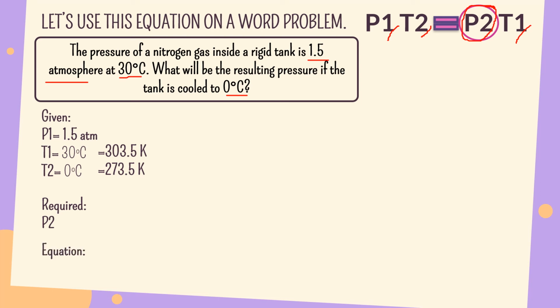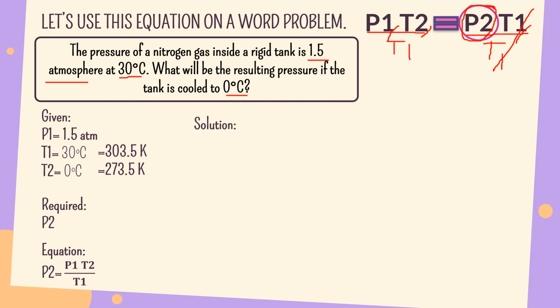Now let's use the equation to find the final pressure. We need to divide both sides of the equal sign by the quantity beside the unknown, and the quantity beside final pressure is the initial temperature. So the initial temperature is cancelled on one side, and we have final pressure equal to the product of initial pressure and final temperature over initial temperature.